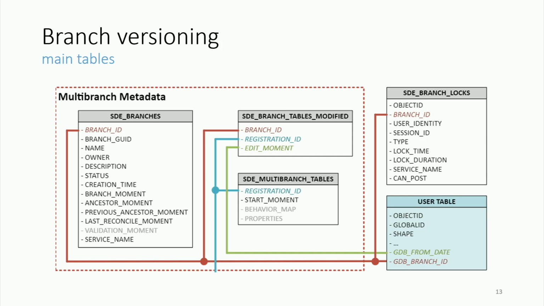You have the SDE branches table, the branch tables modified, as well as the multi-branch tables. And then you have the branch locks table, as well as user tables. User tables are things like object classes, feature classes, real end user data. And these are all the fields and how they relate to each other. It's all color-coded and fancy.